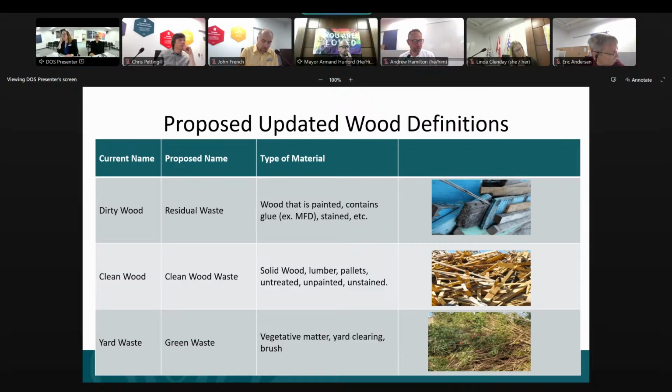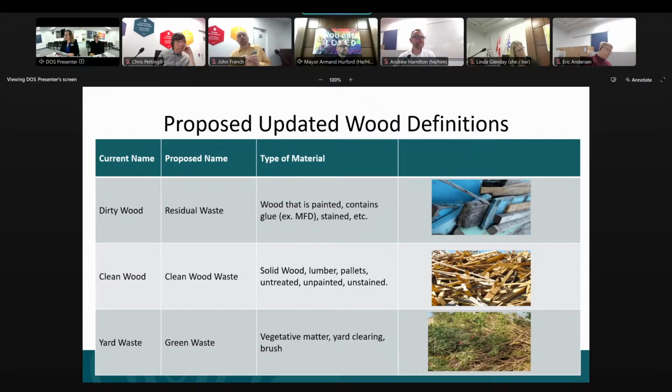Okay, thanks. I see the need for that flexibility. Would it make sense to put into the clean wood waste some caveat that the species of wood accepted can change from time to time?